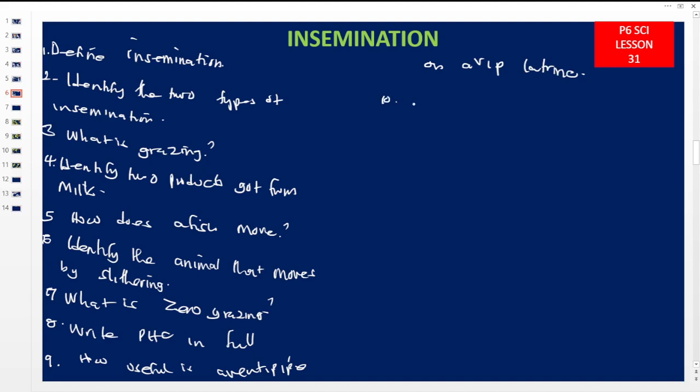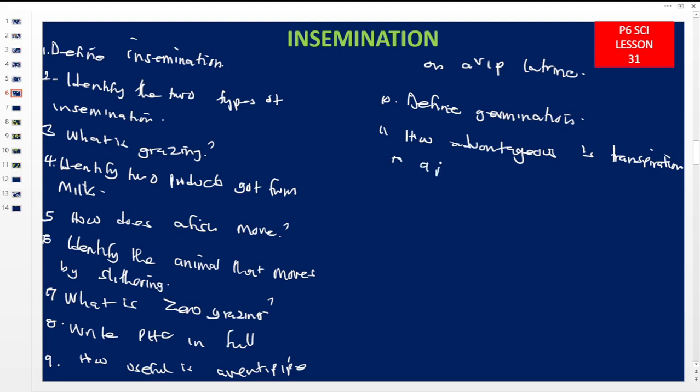Number 10. Define germination. 11. How useful, how advantageous is transpiration to a plant?